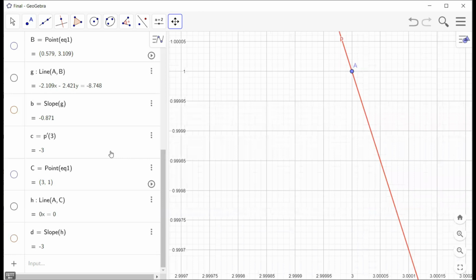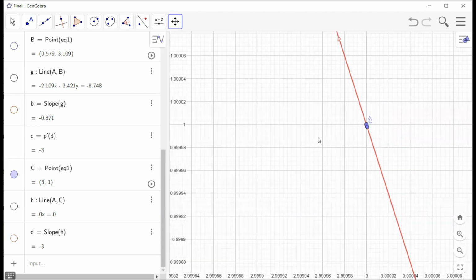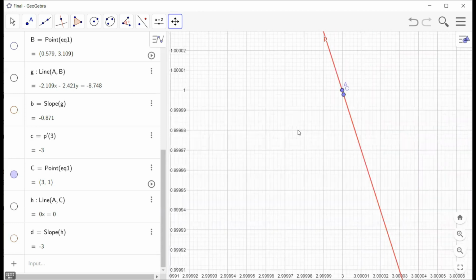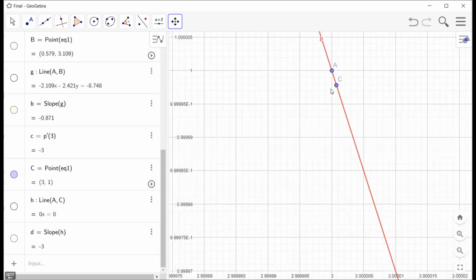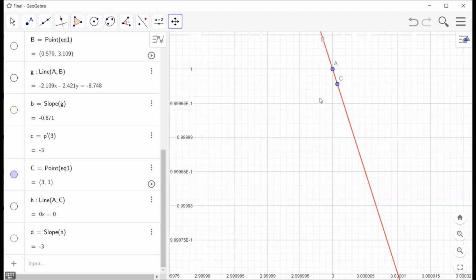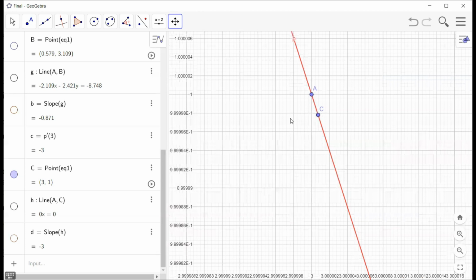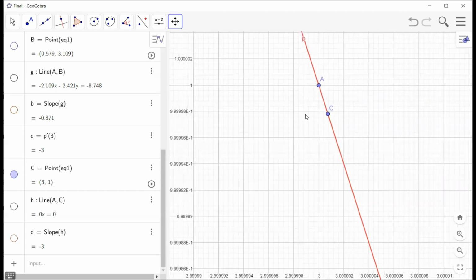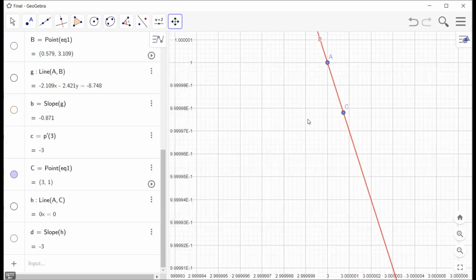So we can choose a point close to A, like point C. This point is so close to A. If we get a straight line passing through A and C, it approaches the tangent line, because our zooming in makes the curve approach a straight line.